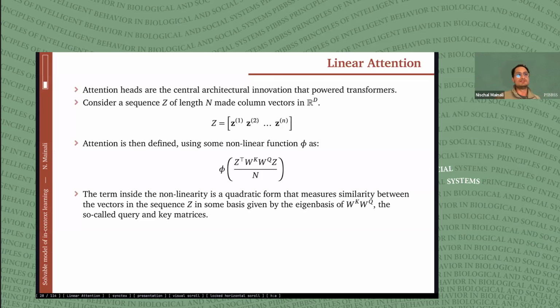In some sense, what we're doing is projecting all the data into the basis formed by W_K and W_Q, that is each column of Z, z1, z2, and so on, and measuring their similarity in this basis, and taking some sort of empirical average of it.